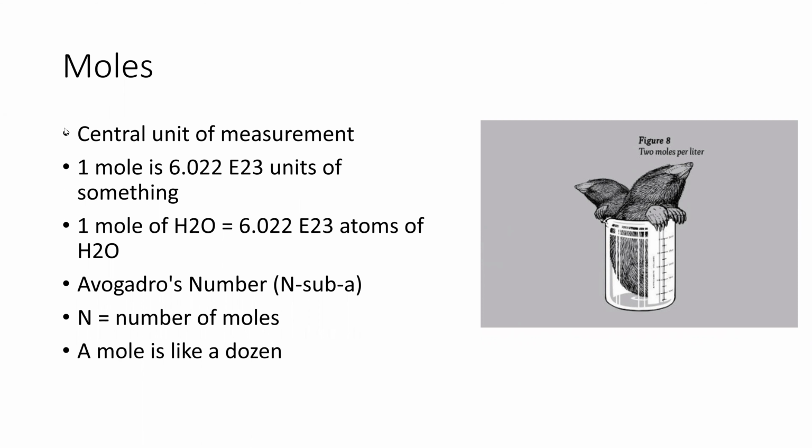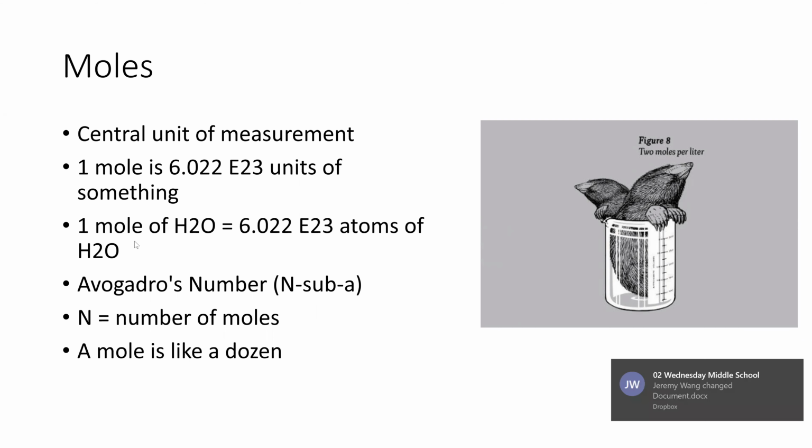Everything revolves around the idea of the mole. One mole is defined to be 6.022 times 10 to the 23rd units of something. I want you all to write this number down. This number is very important, and eventually you will probably memorize it.